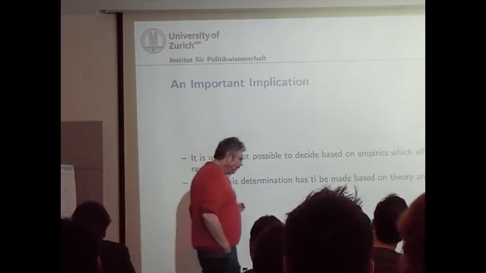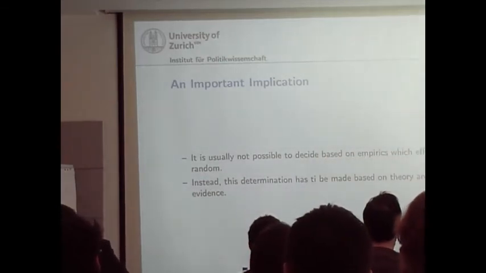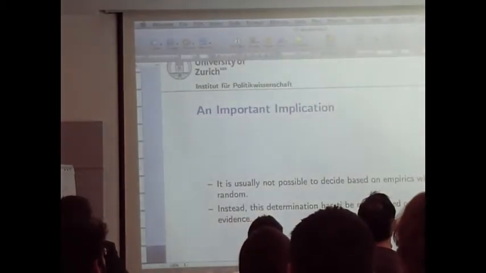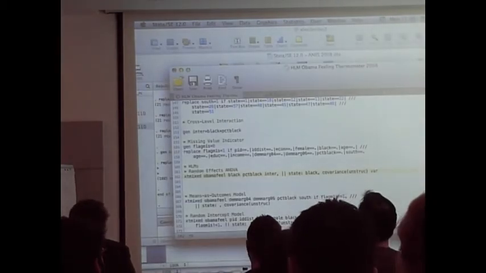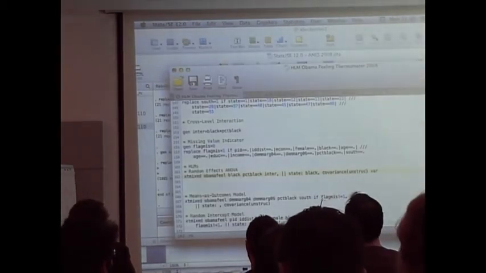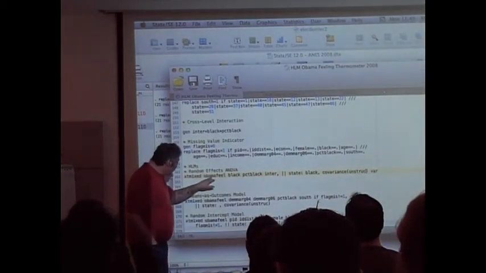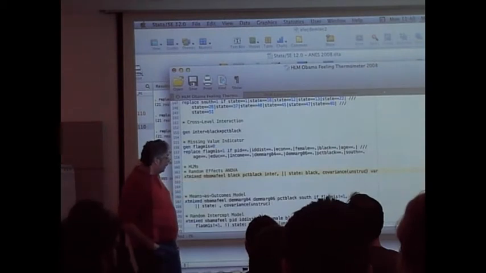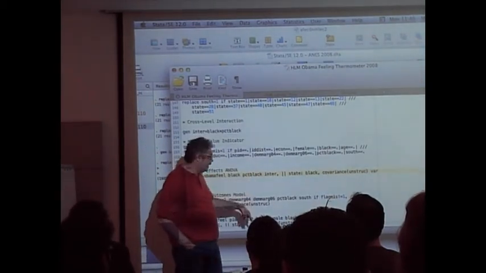And I'll just show you, because I got to this point already before and I didn't really show you what problems can occur. But here is this Obama example that we dealt with before. So I now have the feeling thermometers as an independent variable, race of the respondent, percentage black in the state.